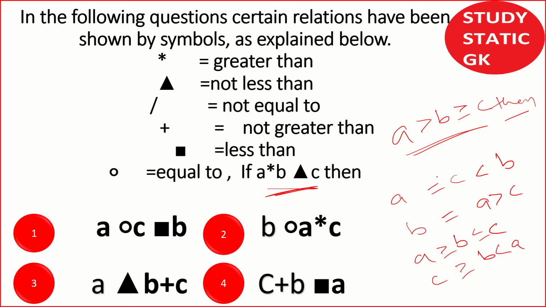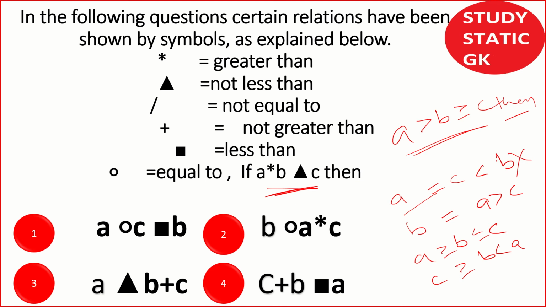Okay. So which one, right. A equal to C. This cannot be formed, right? A equal to C cannot be formed because A is greater than B, which is greater than or equal to C. So if B is equal to C, then also A should be greater than C, but A cannot be equal. So this one is wrong.